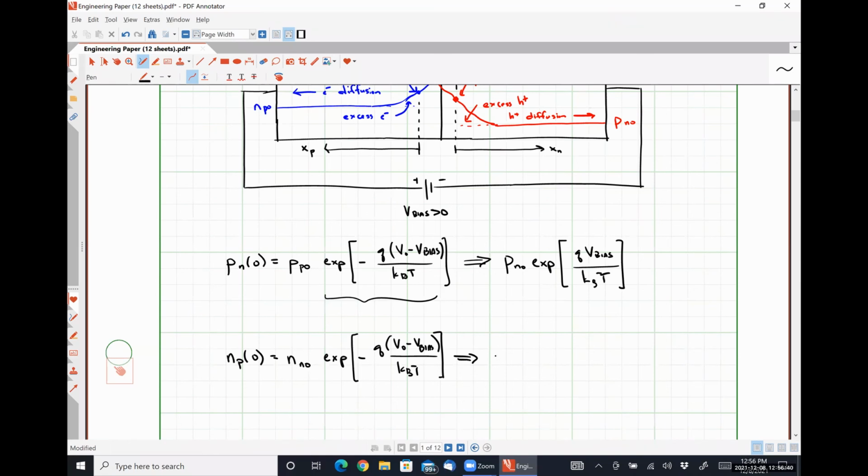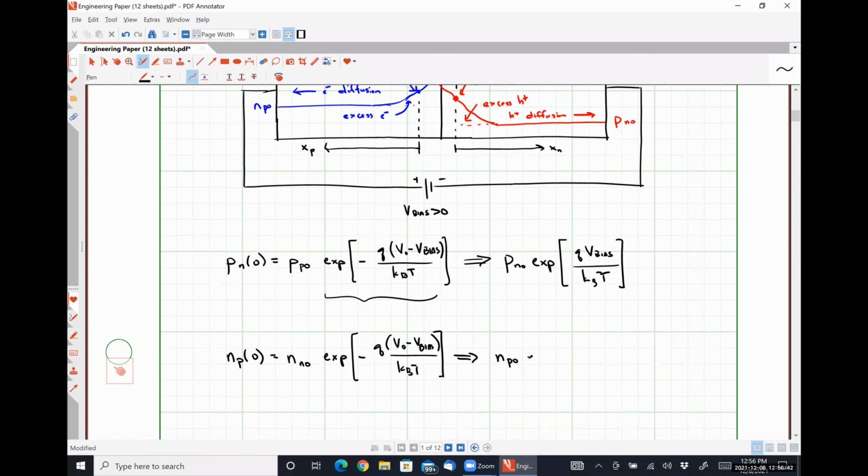And over here, we're going to have NP naught EXP Q V bias over KBT. Okay. And these relationships come purely from manipulating the definition of our built-in voltage and how it relates the minority carrier concentration to the majority carrier concentration. We get to throw away the V naught bit and we get a positive exponential function that tells us how things behave here. Okay.